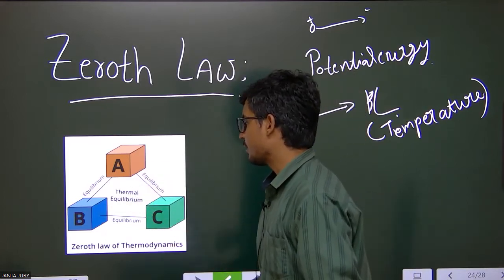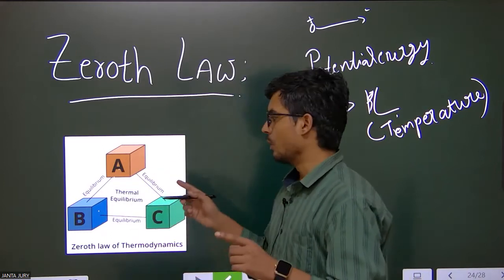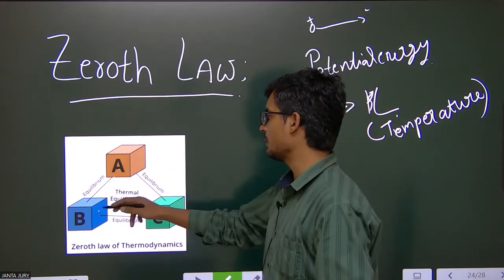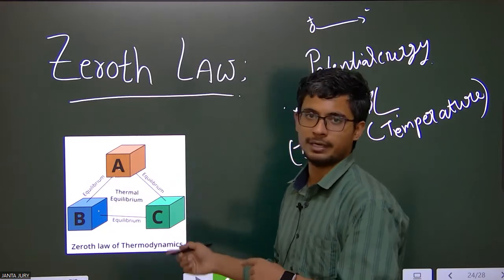The zeroth law states that two bodies having different temperatures will keep on exchanging heat among them till the temperatures of the bodies come into equilibrium, thermal equilibrium.